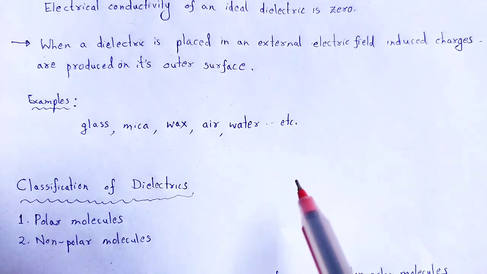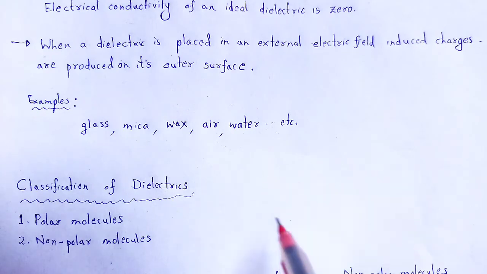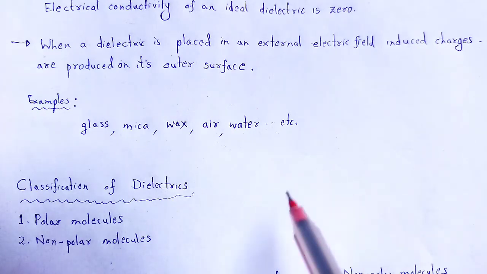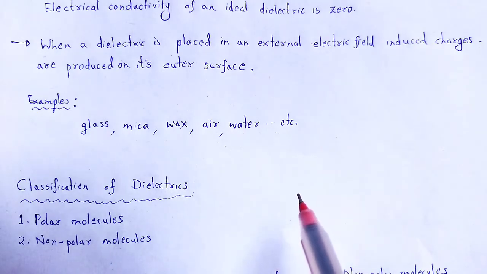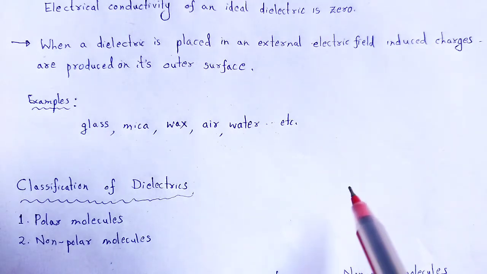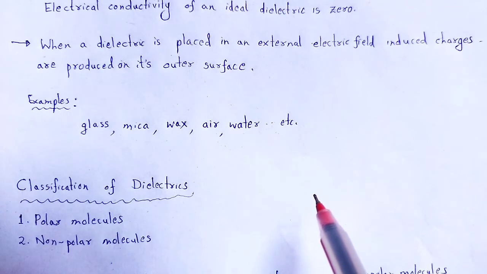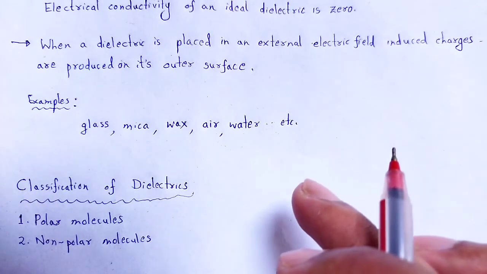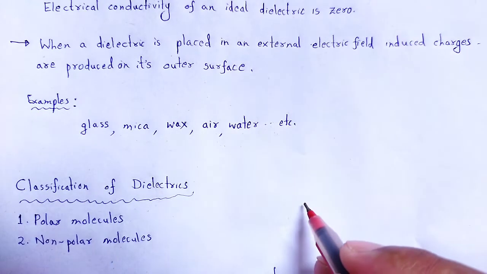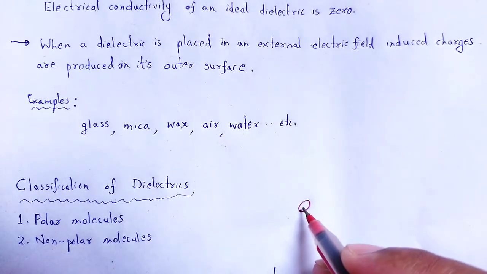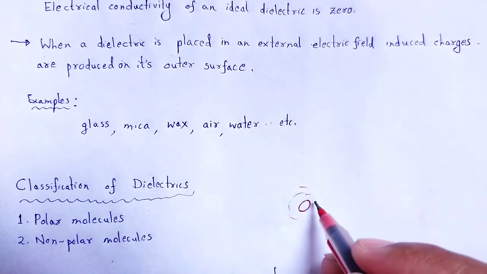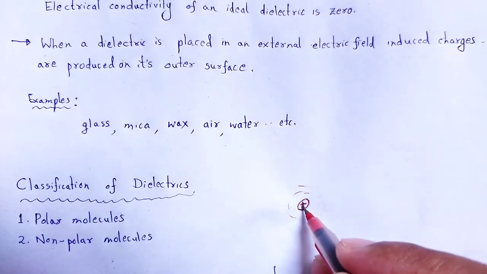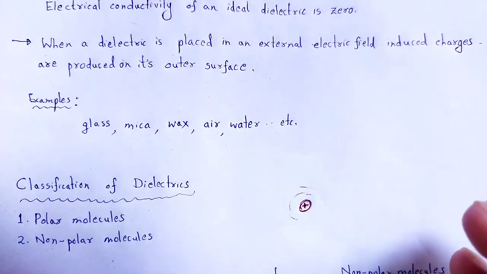Inside the atom there are protons and neutrons, and outside the nucleus electrons revolve around it. So, in a molecule, equal amounts of positive and negative charges are there. The electrons revolve around the nucleus and the positive charge is within the nuclei.